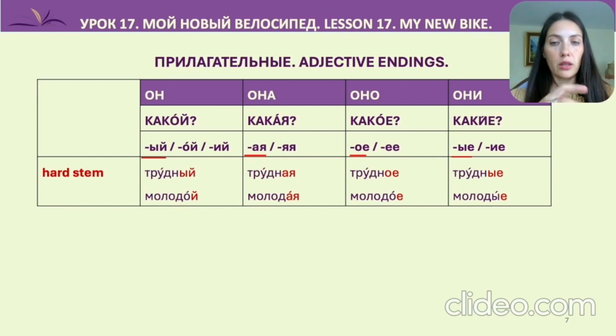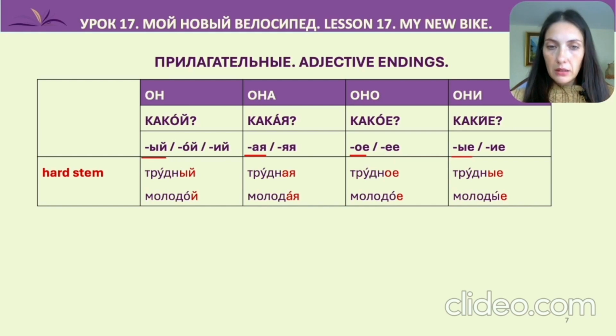So it's the root and all the suffixes and prefixes make a stem. It's like a fundament of the word. And we say hard stem because the last consonant that precedes the ending is a hard consonant. It's н. It's not н, it's н. Трудный. And as we know, the vowel ы follows a hard consonant.